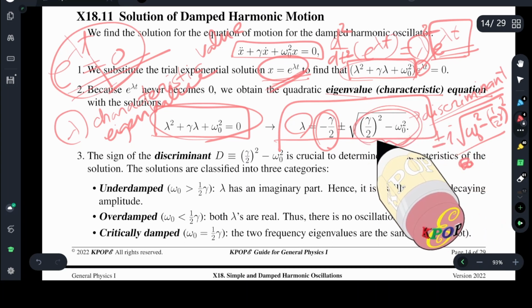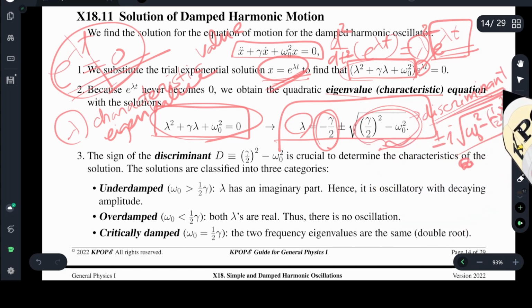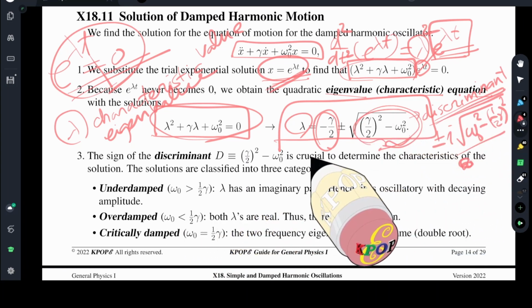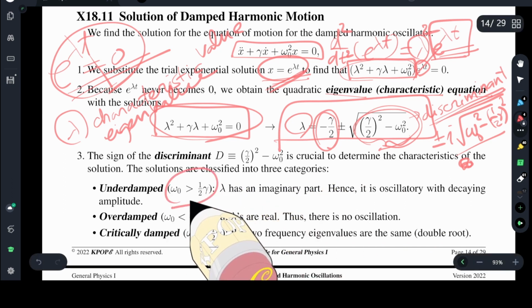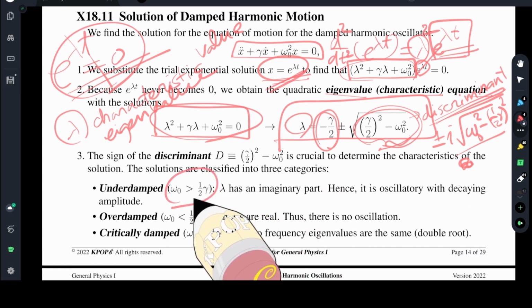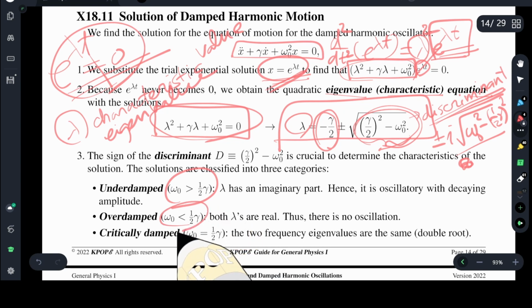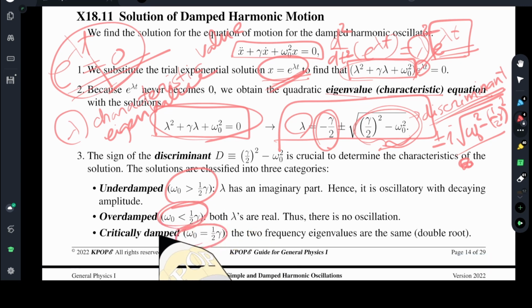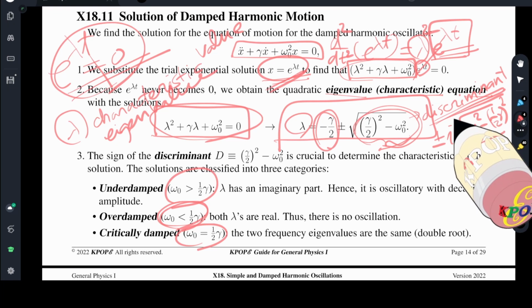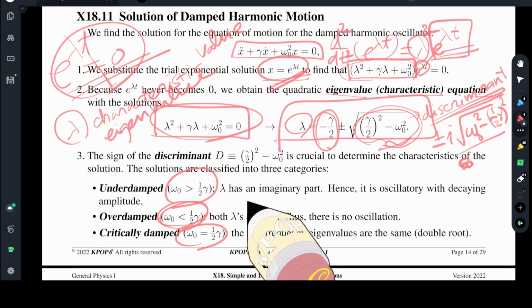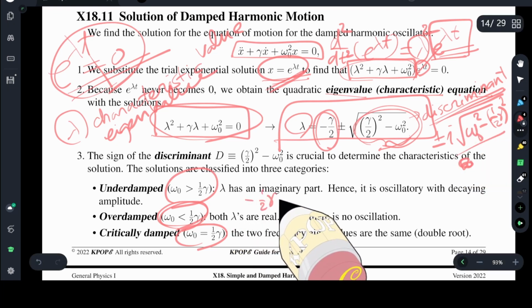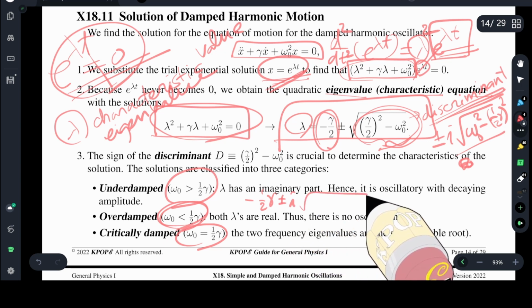So the discriminant is quite important. According to the discriminant, there is a negative discriminant, a vanishing discriminant, and a positive discriminant. If the discriminant is negative, we have minus 1/2 gamma plus or minus i something.